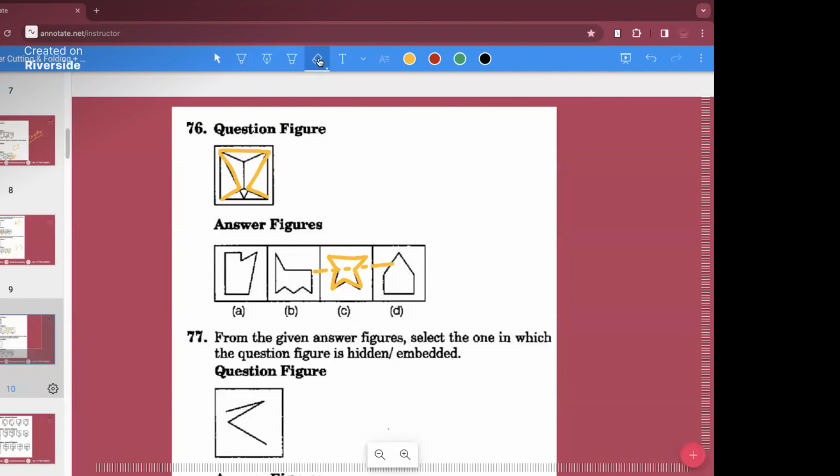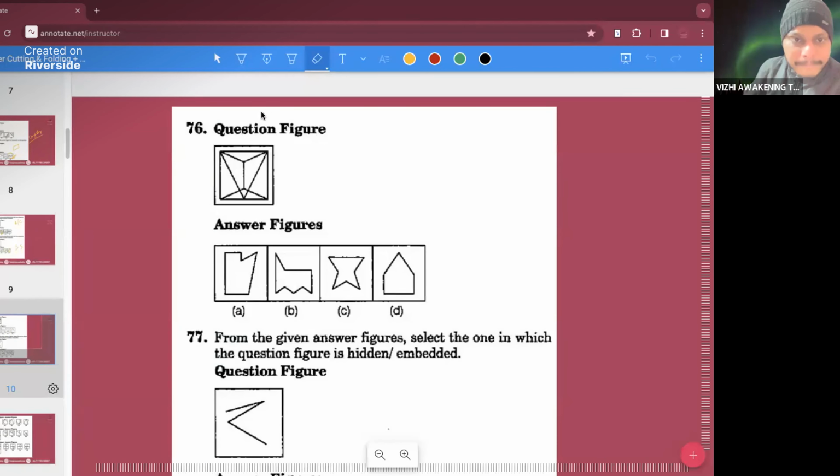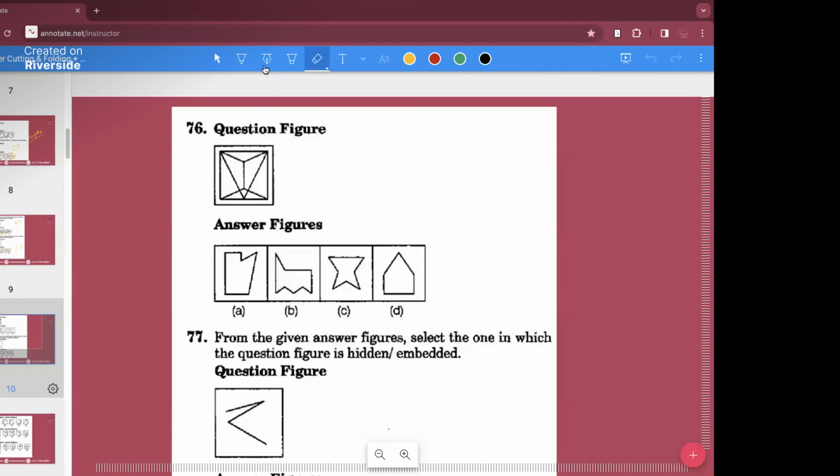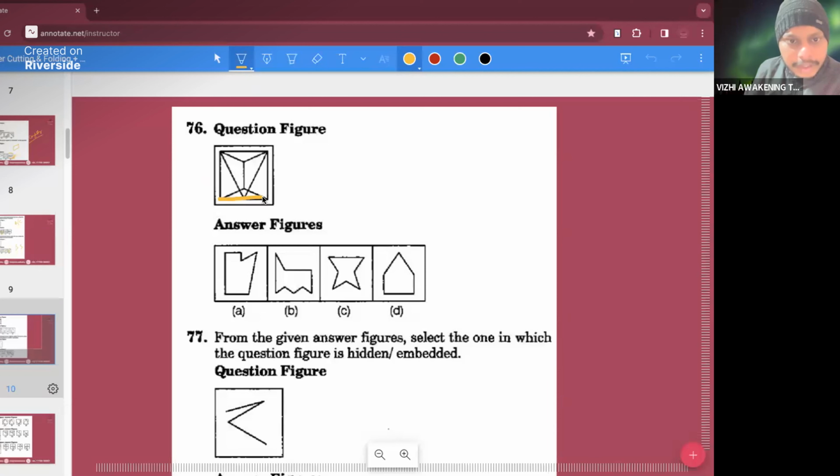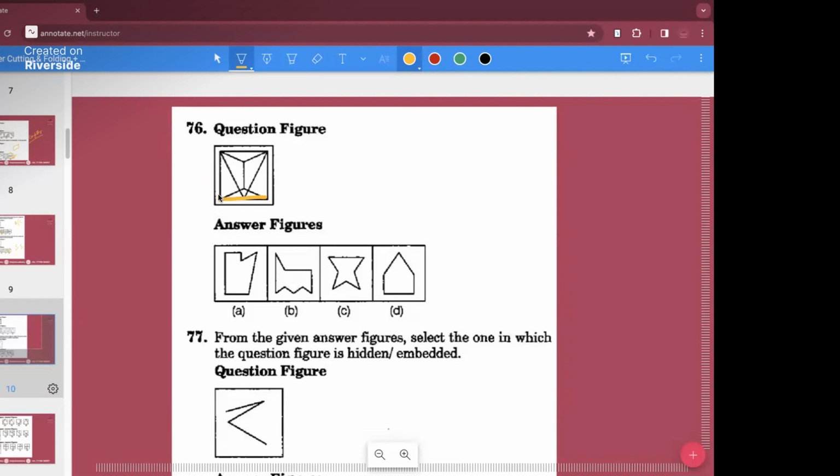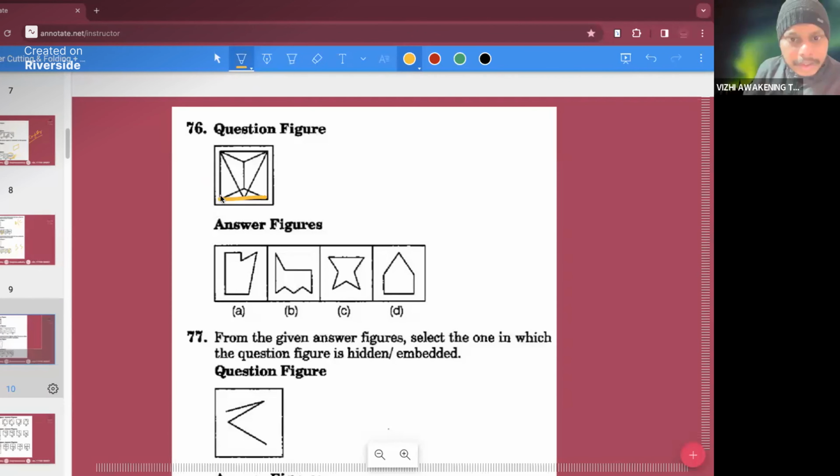Or that horizontal line should be below, like down. This entire horizontal line. Yes, sir. Okay, then we'll get this, then we'll get this, and this. This is what you are saying?